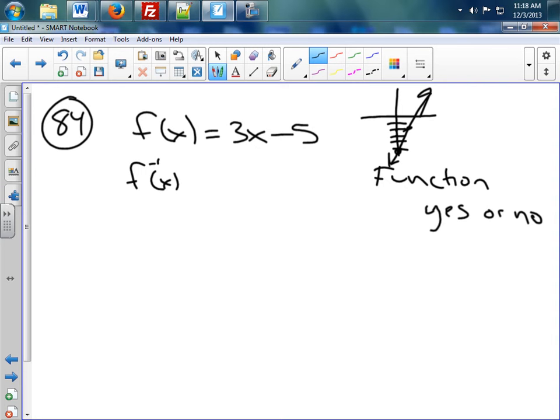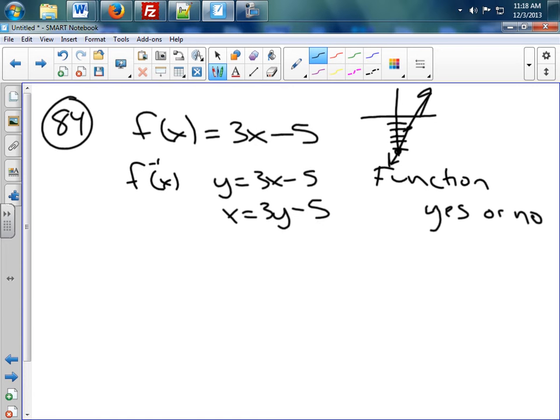Okay. What's the domain of this? What's the range of this? Perfect. There you go. All right. To find the inverse, remember the first thing we do is we make that into a y. Then we flip them.